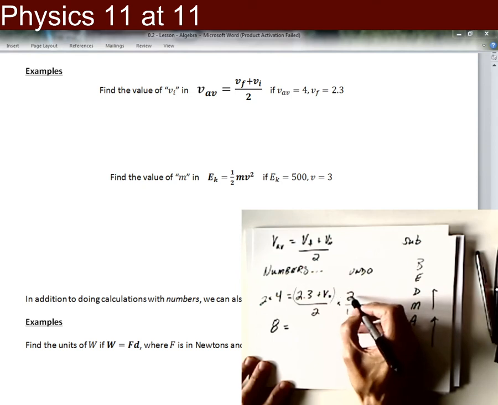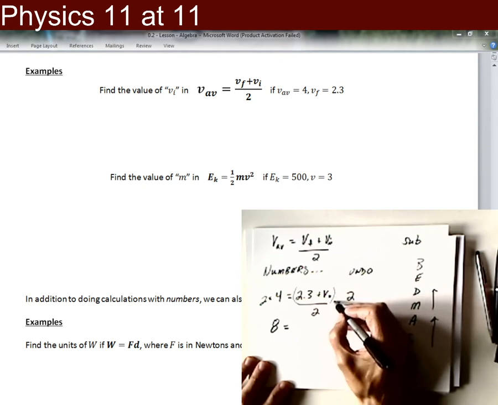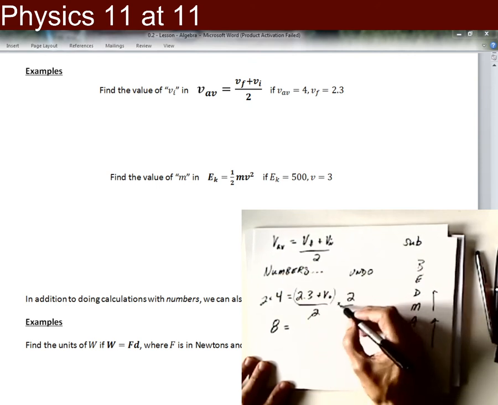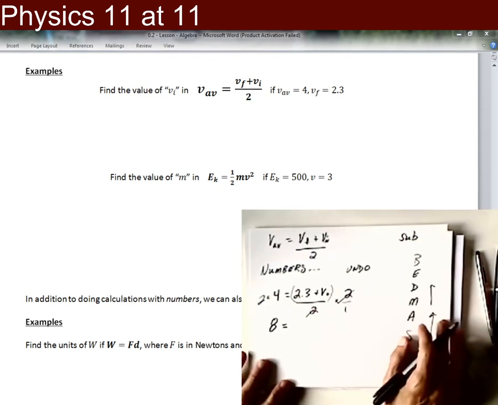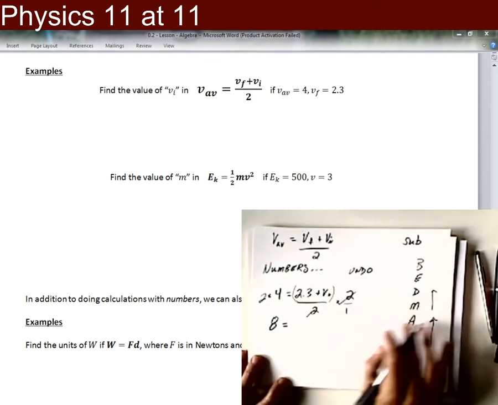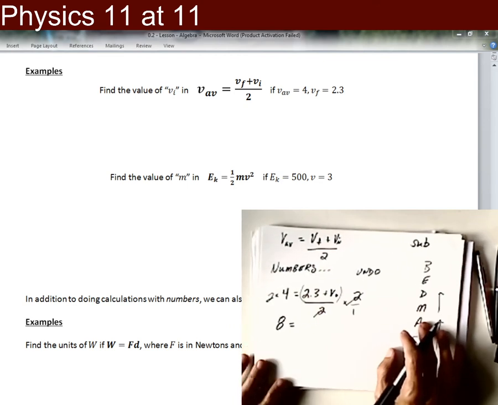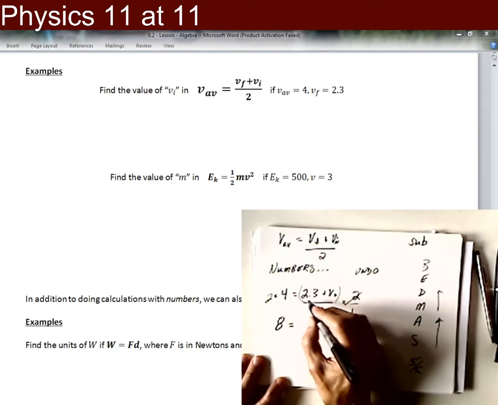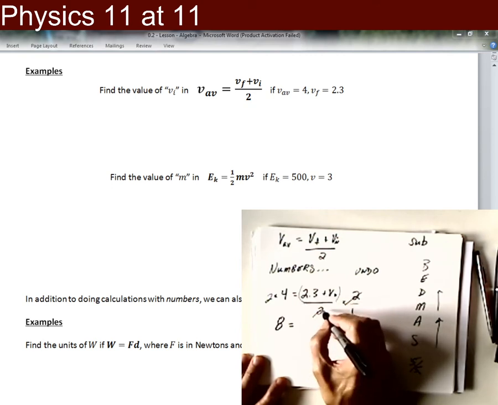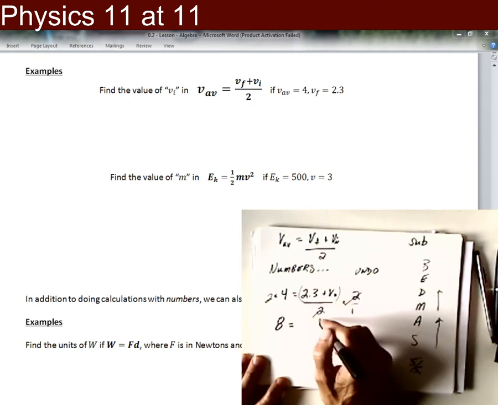So this 2 will end up on the top of the fraction. 2 divided by 2 like that. That's why they can disappear. It's kind of there's a little step in between. If you're nervous about it, send me an email. But these can divide out. And this leaves the top only, because the bottom has been removed.